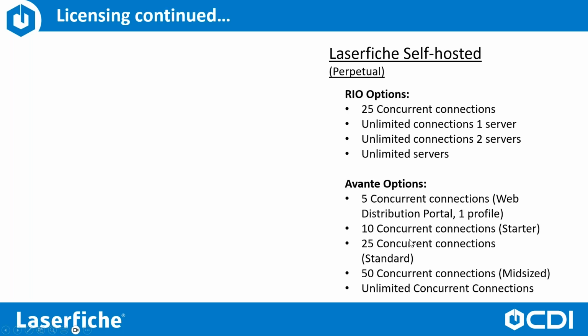And again, if we go into some of our old licensing options, the perpetual with Rio or Avante, there are different connections you can set up. You can have 25 concurrent connections, and that just means 25 different people can be connected to your repository in read-only fashion at any given time. Or you can have unlimited connections with 1 server, 2 servers, unlimited servers.